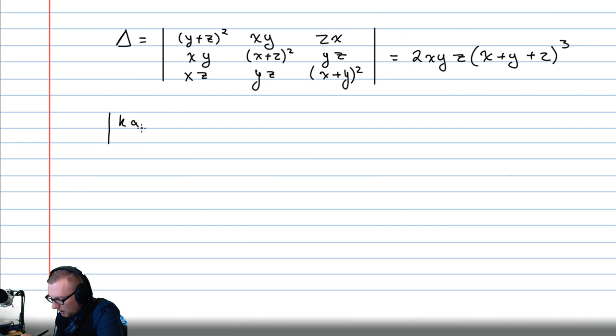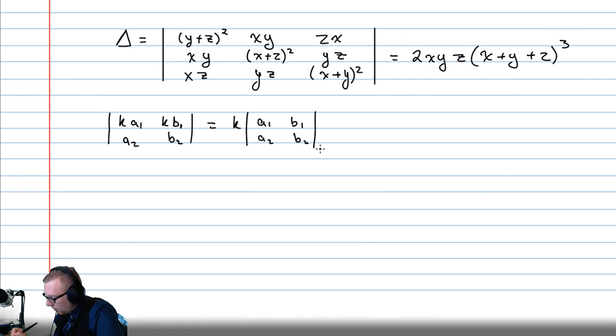If I write kA1, kB1, and A2, B2, using determinants we can take this out as a k times the determinant of A1, B1, A2, B2. So what you're thinking of is multiplying everything by x, y, and z so that we'd have a common factor in all of them.